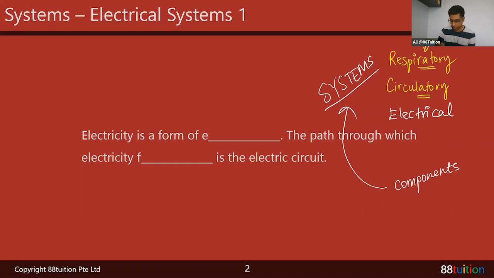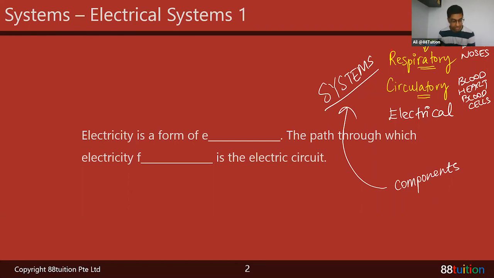Remember respiratory, we have lungs, nose, and so on. Circulatory, we had what? Blood, heart, blood cells, and so on. What about electrical components? That's what we're going to do today.